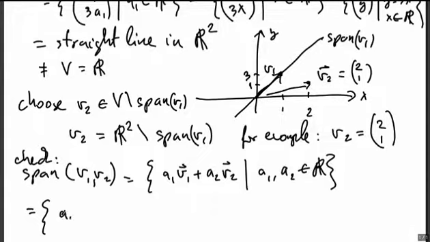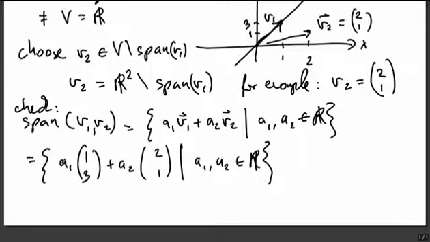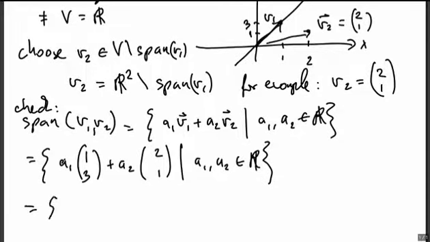So A1 times the first vector (1, 3), plus A2 times the second vector (2, 1). If you multiply through the vectors with the scalars, we get (A1, 3A1) plus (2A2, A2).